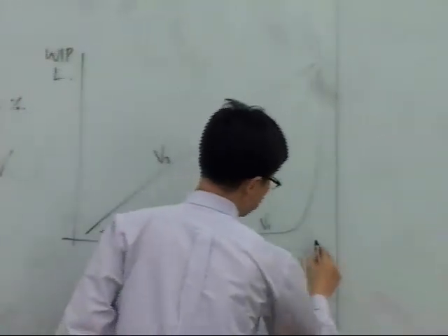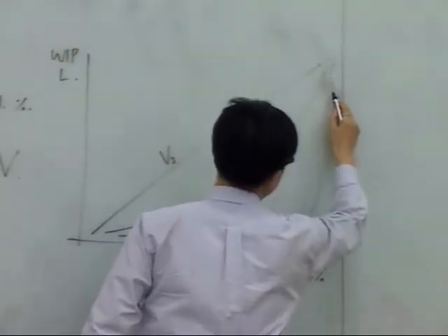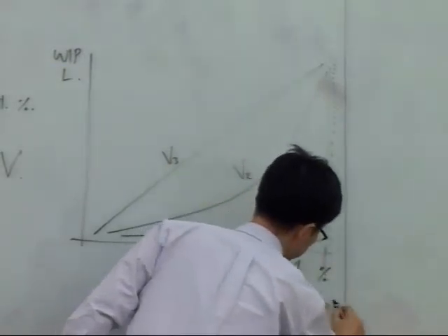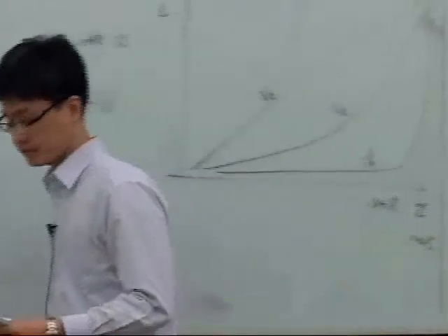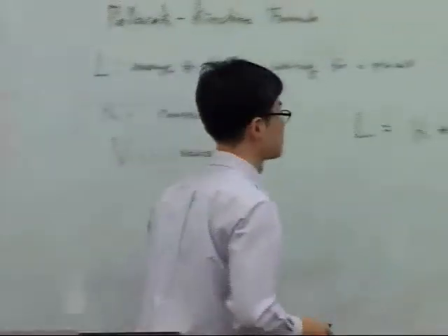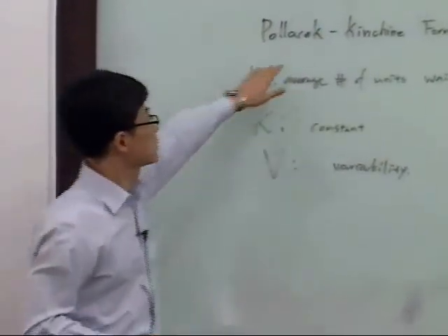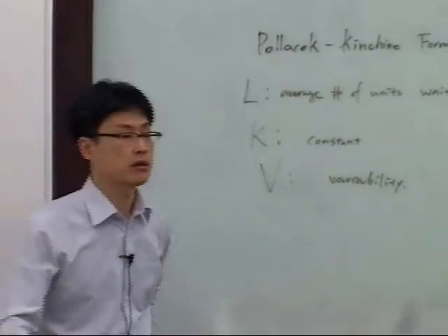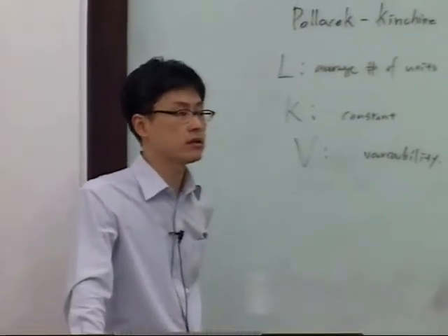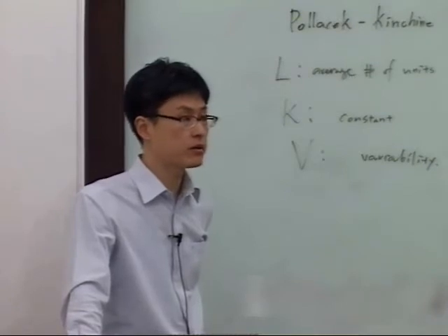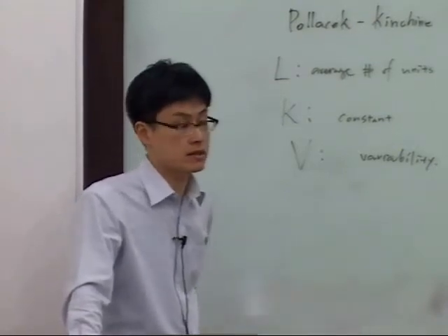This asymptotic line means 100% utilization. This formula explains the effect of variability in your factory physics.